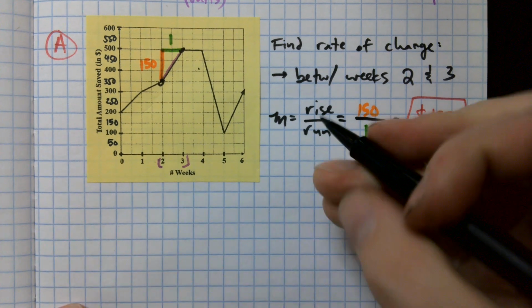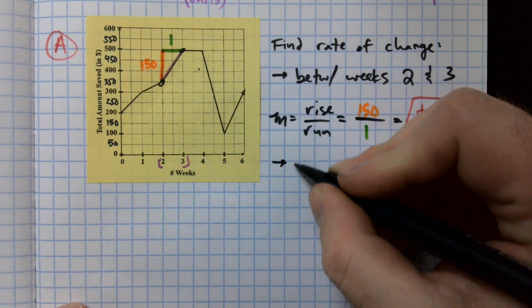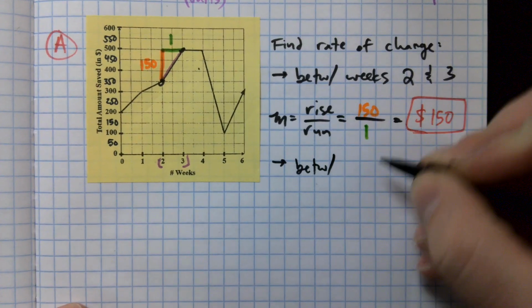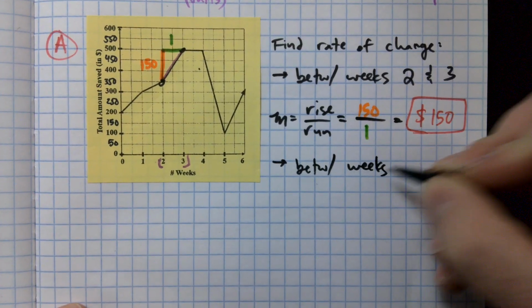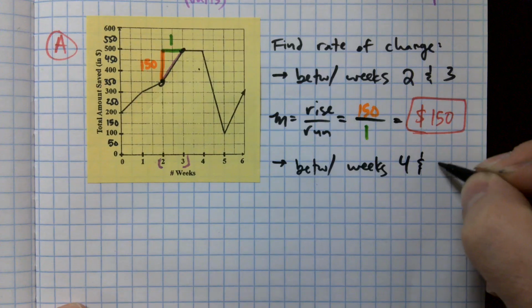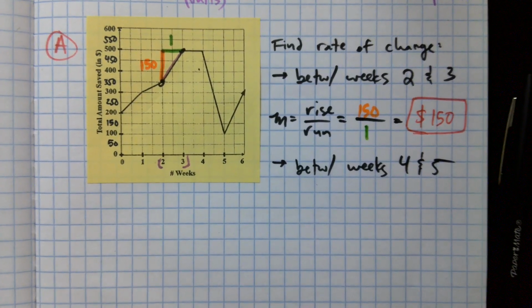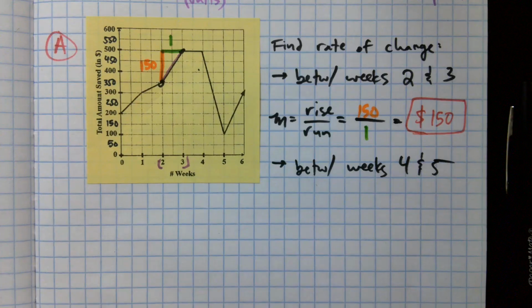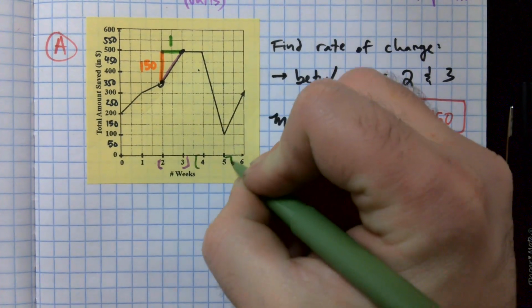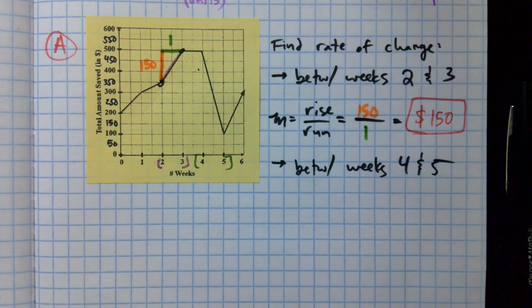What if I wanted to find the rate of change between weeks 4 and 5? Between weeks 4 and 5, this little section of the graph.